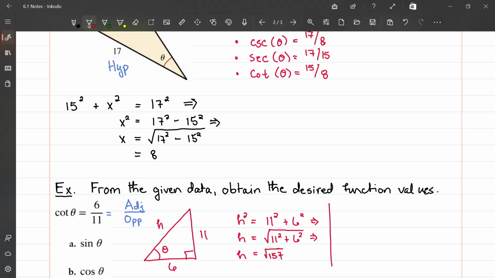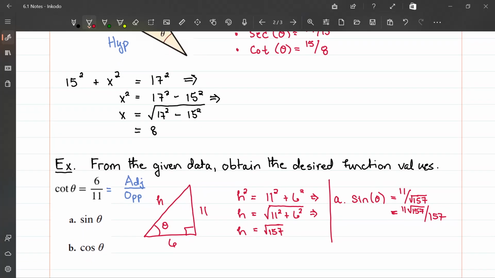Once again, go ahead and check your calculations against mine. We'll do sine first. Since I know that 11 is the side opposite, and h is the value we just calculated, and that is the hypotenuse, we simply get 11 over root 157, or 11 square root of 157 divided by 157.